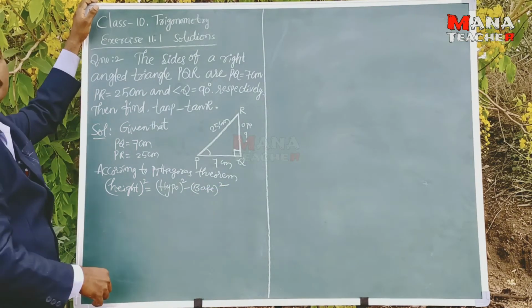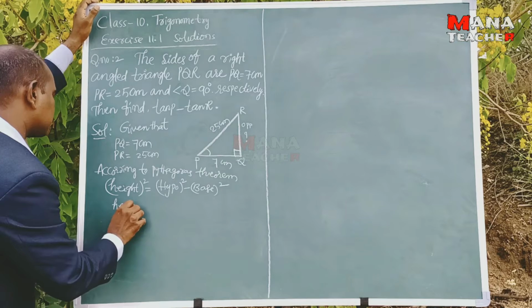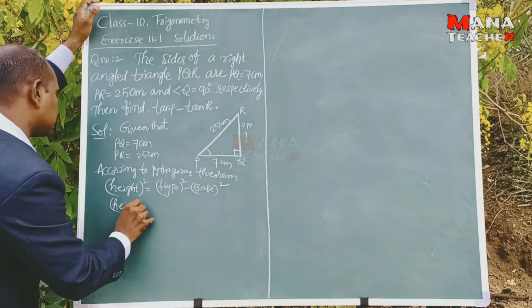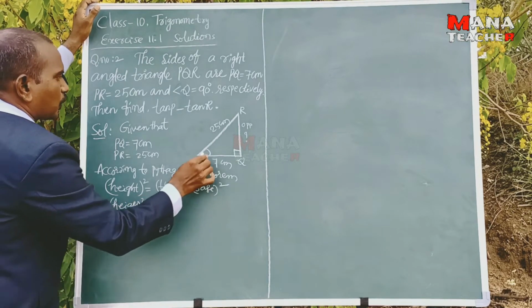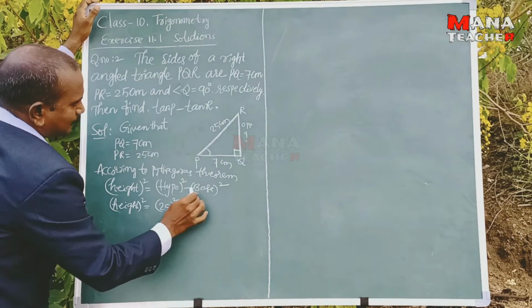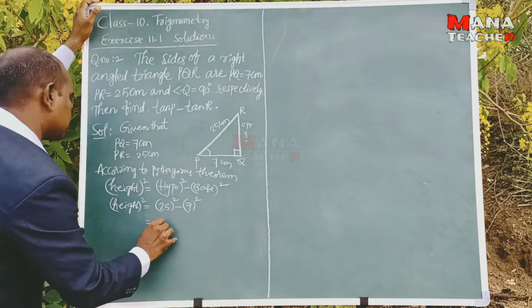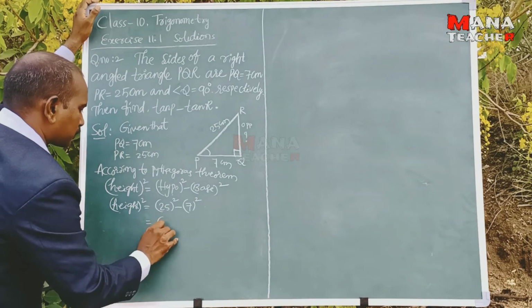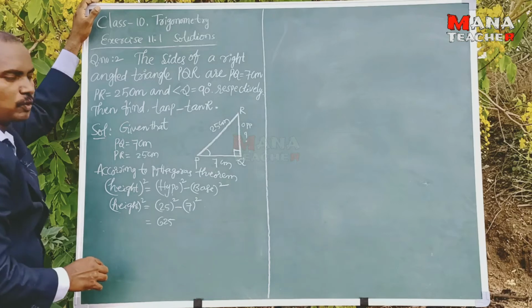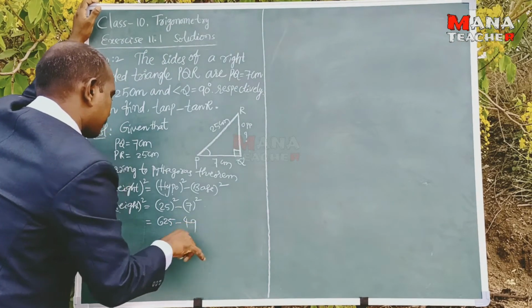Height square equals 25 whole square minus 7 whole square. So that equals 625 minus 49.